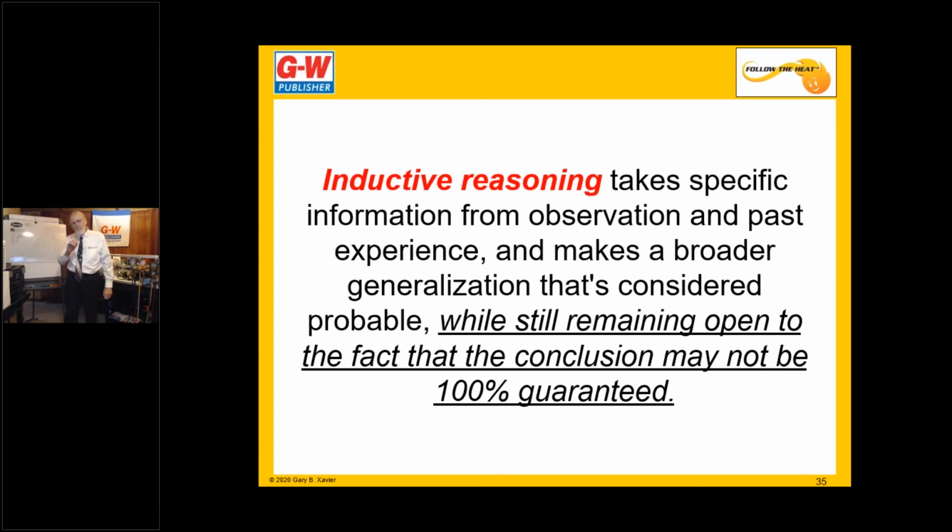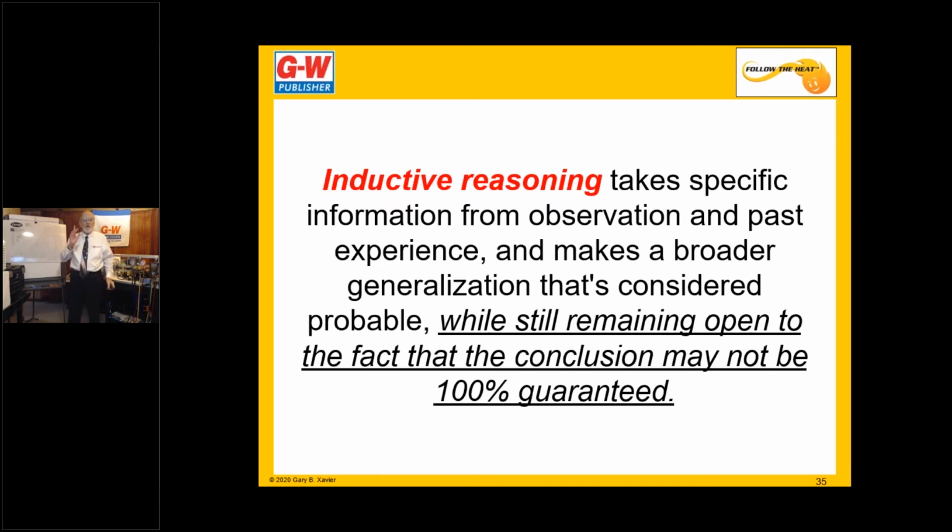How many times have you heard yourself say, I think it might be this, but I'm not sure? Of course, because it's never 100% guaranteed that we've found the problem until we then make that repair and by observation see that, yes, that was the problem.